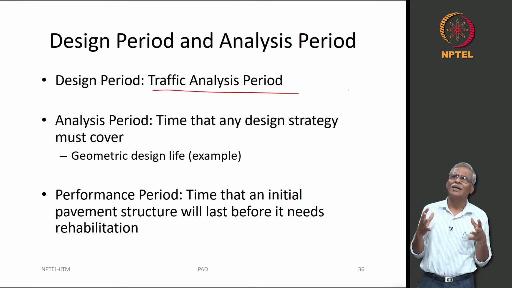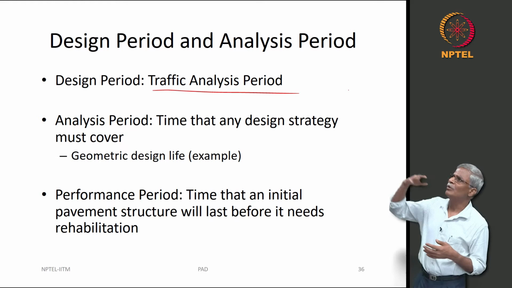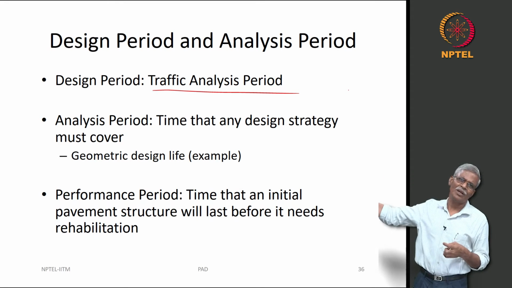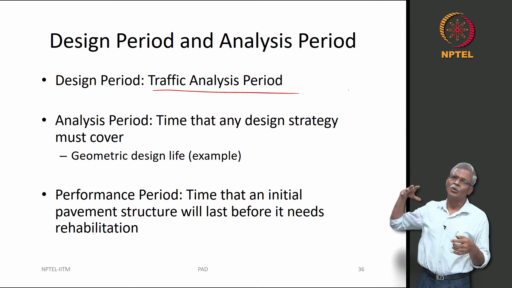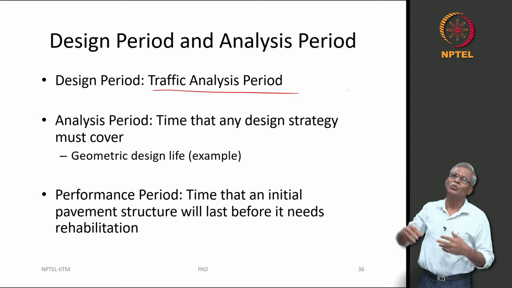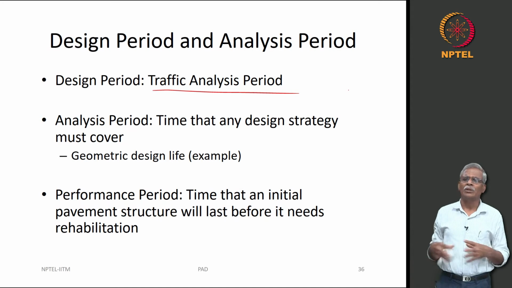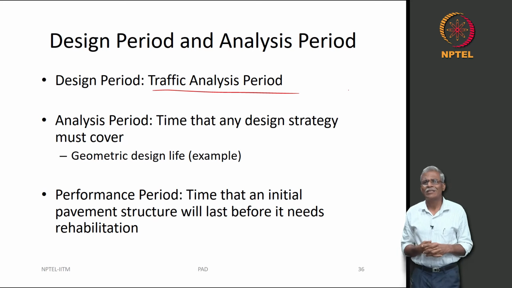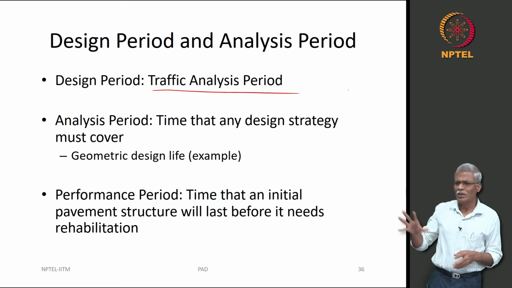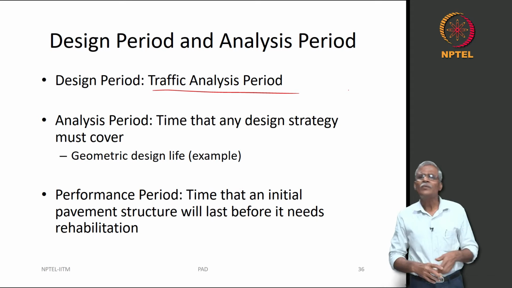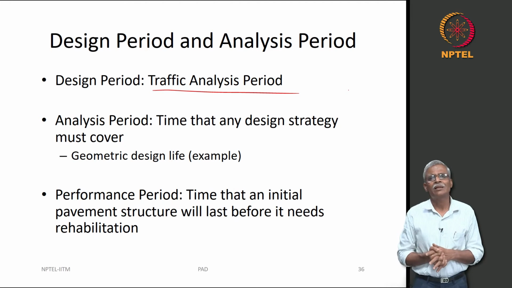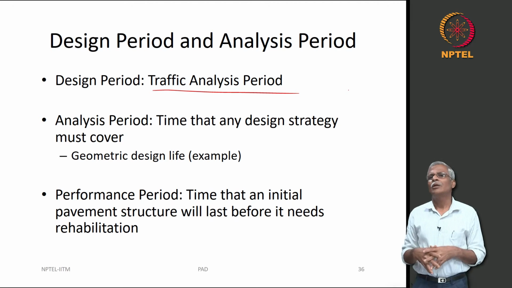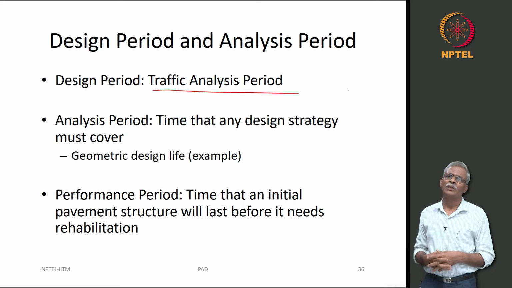is it a correct way of projecting for 10 years or 15 years from now? Because let us assume the following. Let us say you do your volume count, axle load count, and then use your vehicle damage factor, and come out with 30 million standard axles, and then let us say you design it for 10 years.